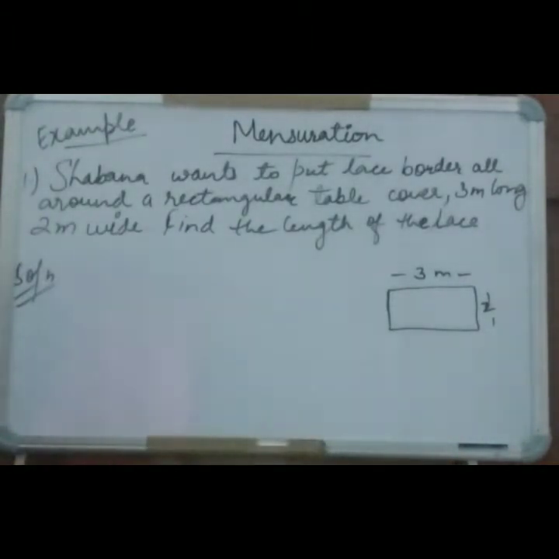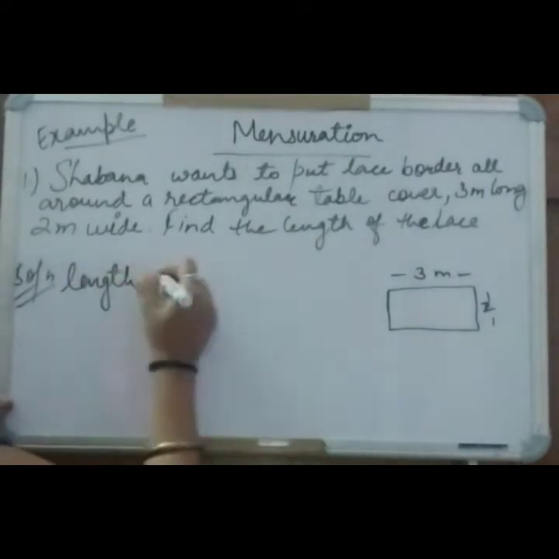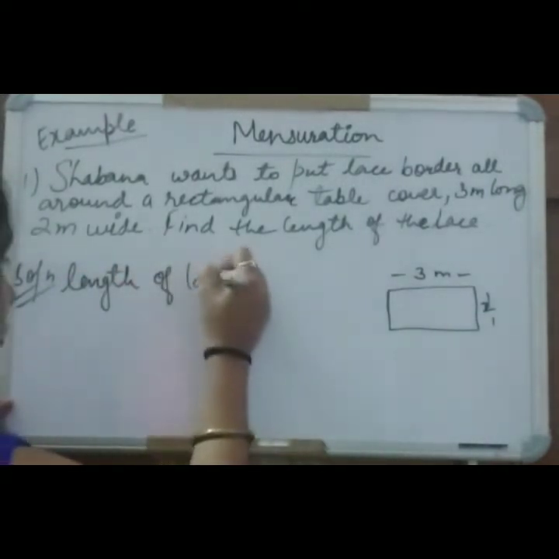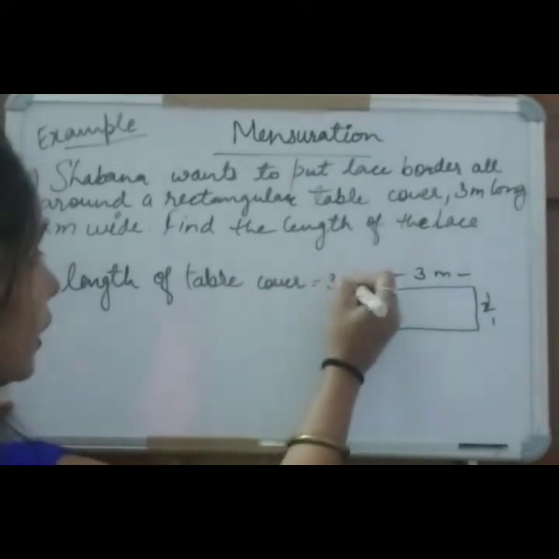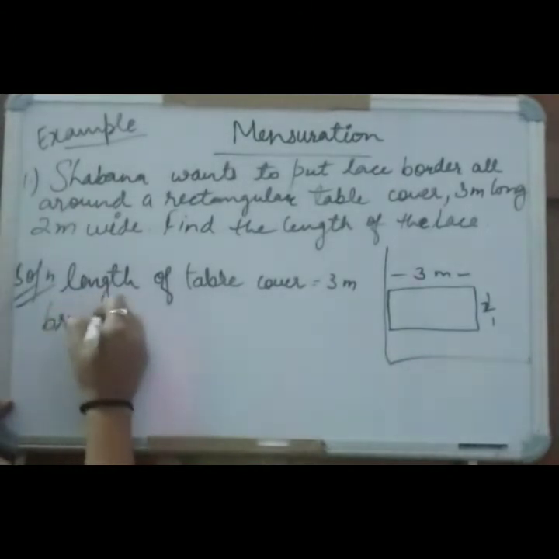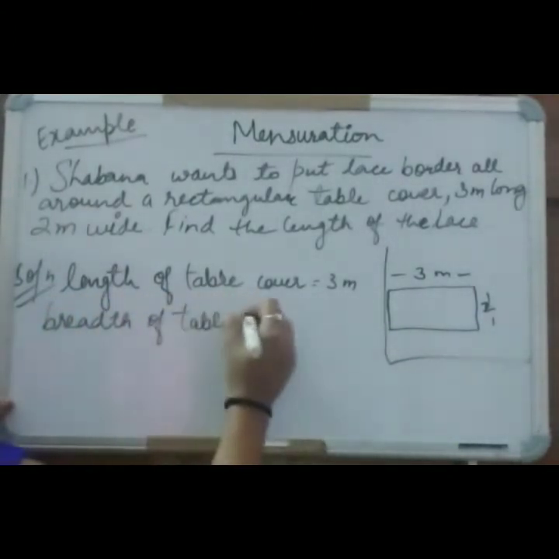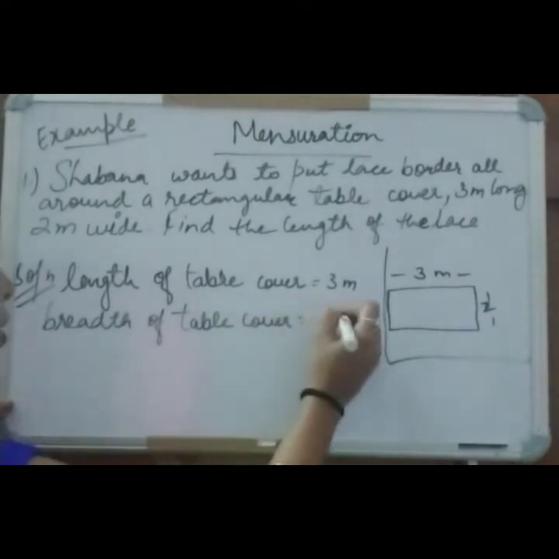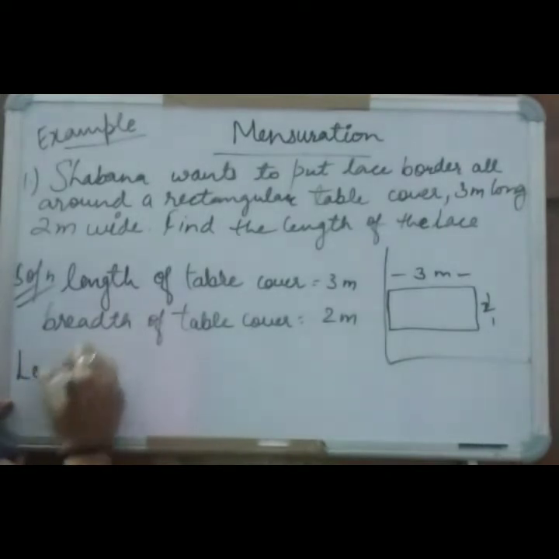So what I will write: length of table cover is 3 meter, and breadth of the table cover is 2 meter. Now I have to find length of the lace.